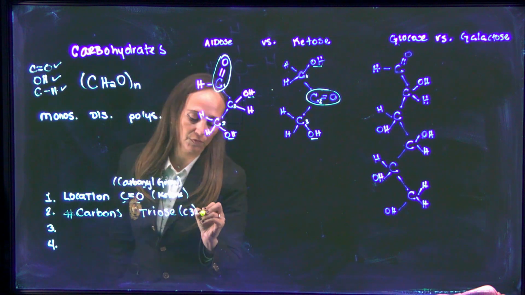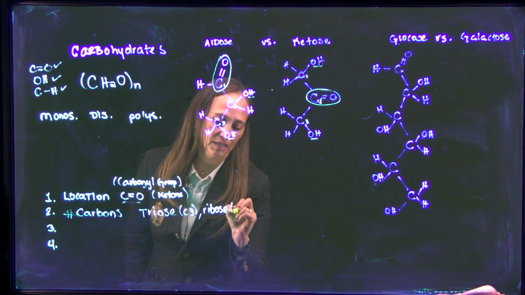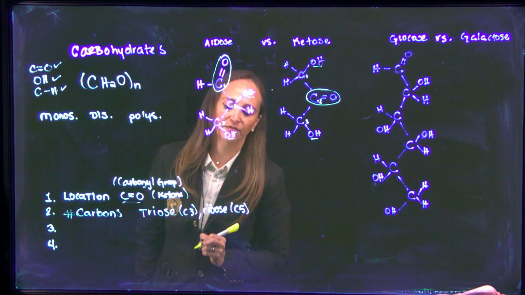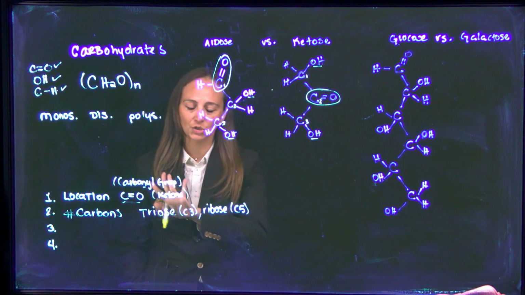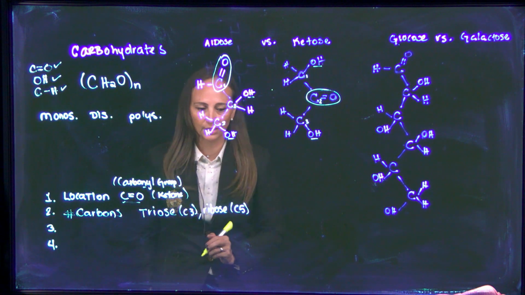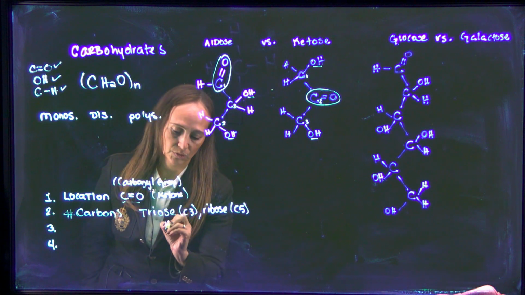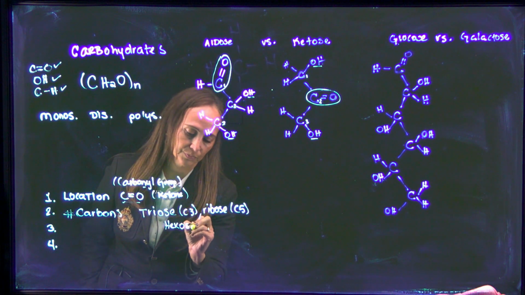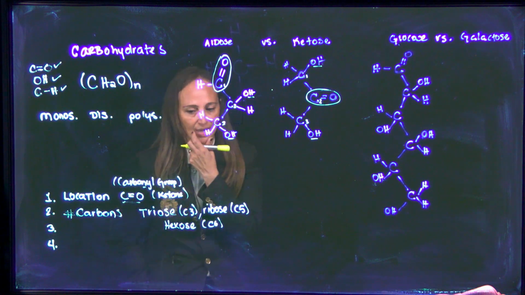Another one is going to be, for example, your ribose. Your ribose is going to be a total of 5 carbons in that molecule. And then we have the typical, standard carbohydrate monosaccharide molecule, and that's going to be your hexose molecule, and we're going to put 6 in that case.